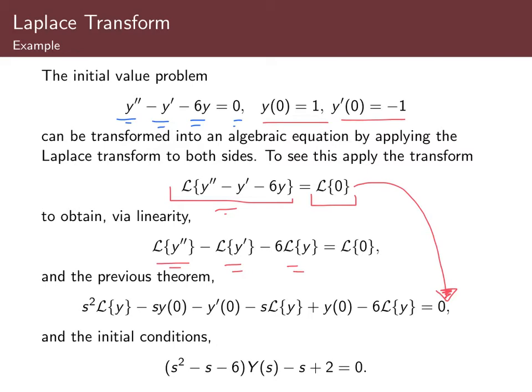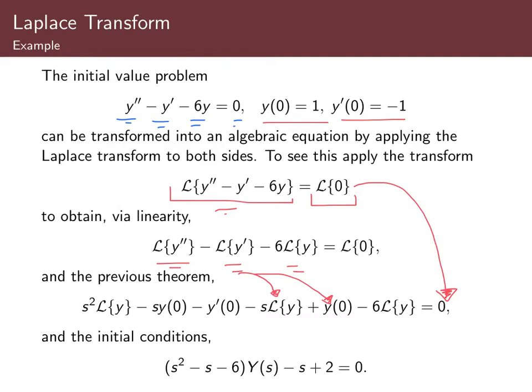The Laplace transform of the first derivative of y is s times the Laplace transform of y, and then minus y's initial condition, which we know because it's an initial value problem.